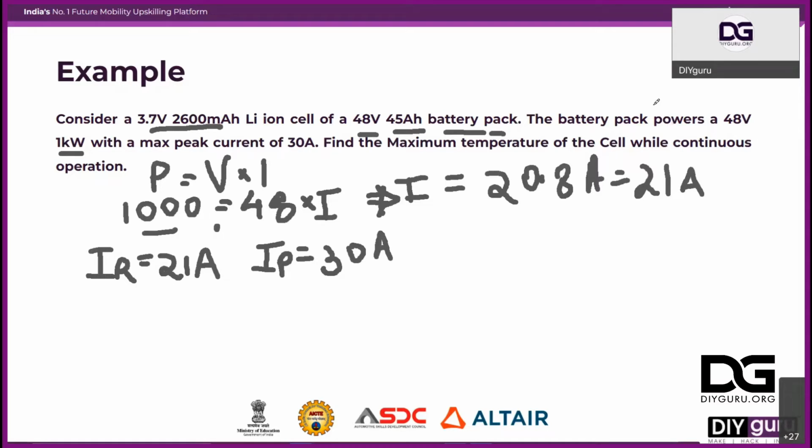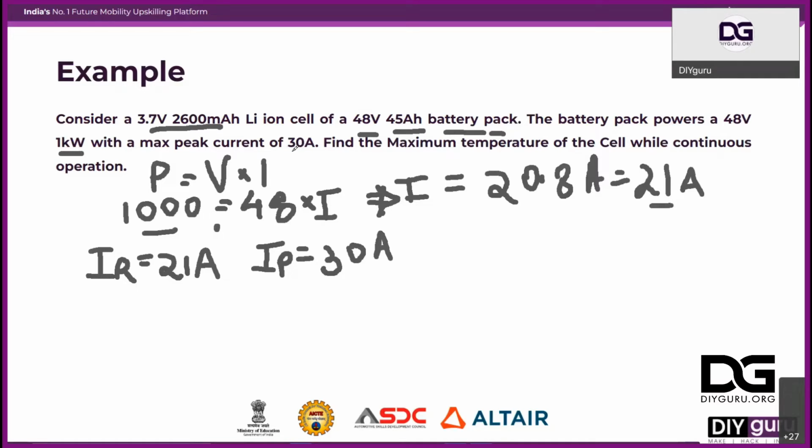For this 1 kilowatt motor, its rated RPM will be 1500 RPM. If that motor is working at that speed, only 21 amps will be taken. This is the minimum that the motor requires. Yes, we will increase the current, that's why we have 30 amps over here, up to 30.